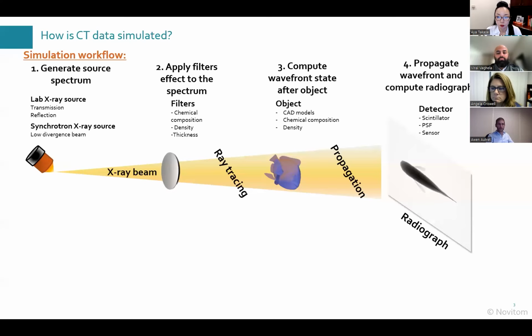So we propagate this wavefront using Fresnel's diffraction equation on the detector plane. And based on the different efficiencies of the scintillator and the sensor, we can build the radiograph. And then we add the PSF and the noise, taking into account all the elements explained previously.